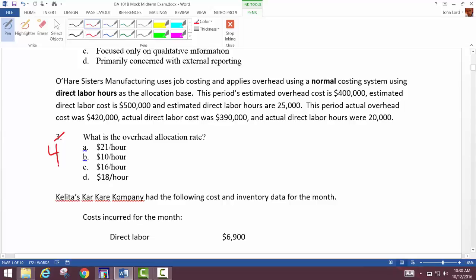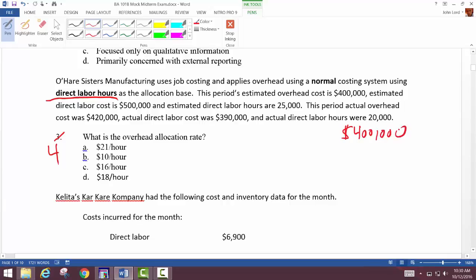Okay, so for number 4 now, we're looking, and they tell us that O'Hare Sisters Manufacturing uses job costing and applies overhead using a normal costing system, and we even bolded here that direct labor hours is the allocation base. The period's estimated overhead cost is $400,000. And when I see that, I know that 400,000 is always going to be the numerator, isn't it?